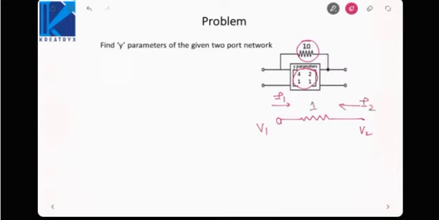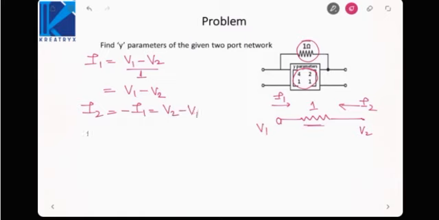Since both are in parallel, we need to determine Y parameters of this network. I can say I1 is equal to V1 minus V2 by 1, that is equal to V1 minus V2. And from the figure I can say I2 equal to minus I1, that is V2 minus V1. So what are the Y parameters of this one? It is 1, minus 1, then minus 1, 1.